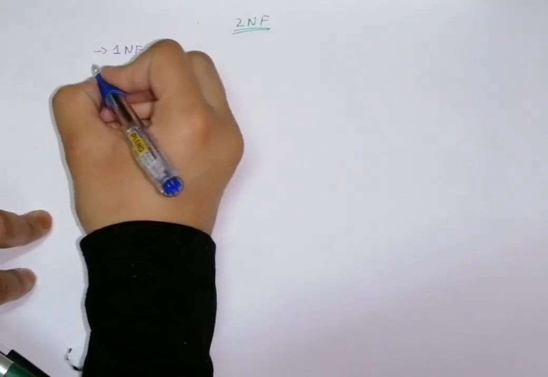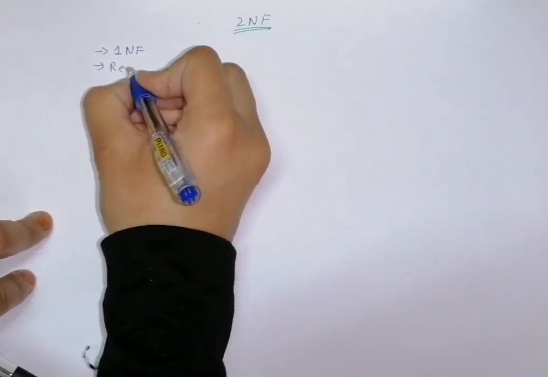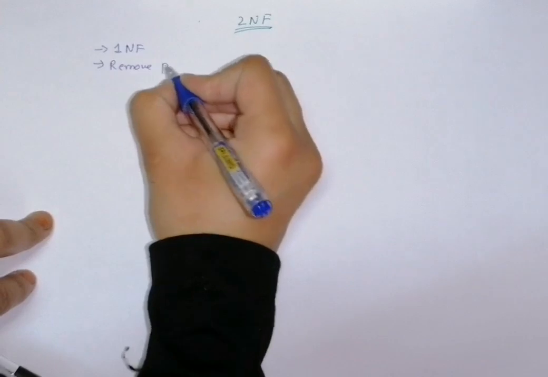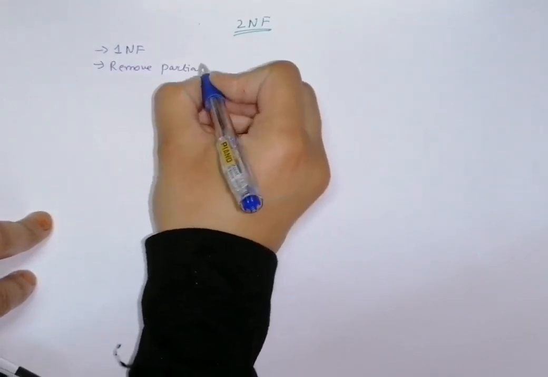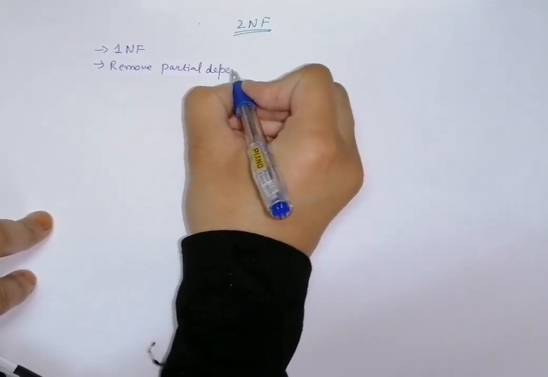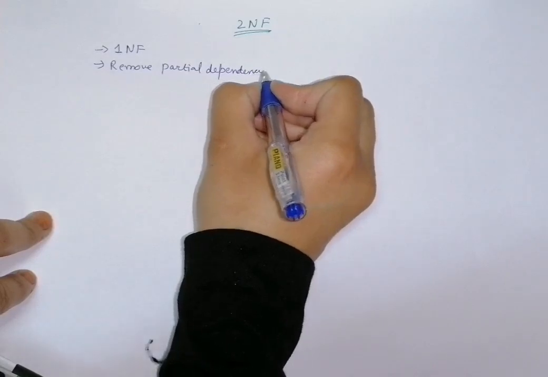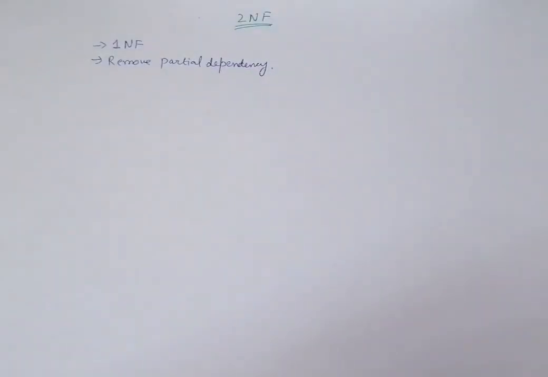The second property of second normal form is that every non-prime attribute is fully functionally dependent on the primary key. That means we have to remove the partial dependencies. So what are partial dependencies, and when do they occur?